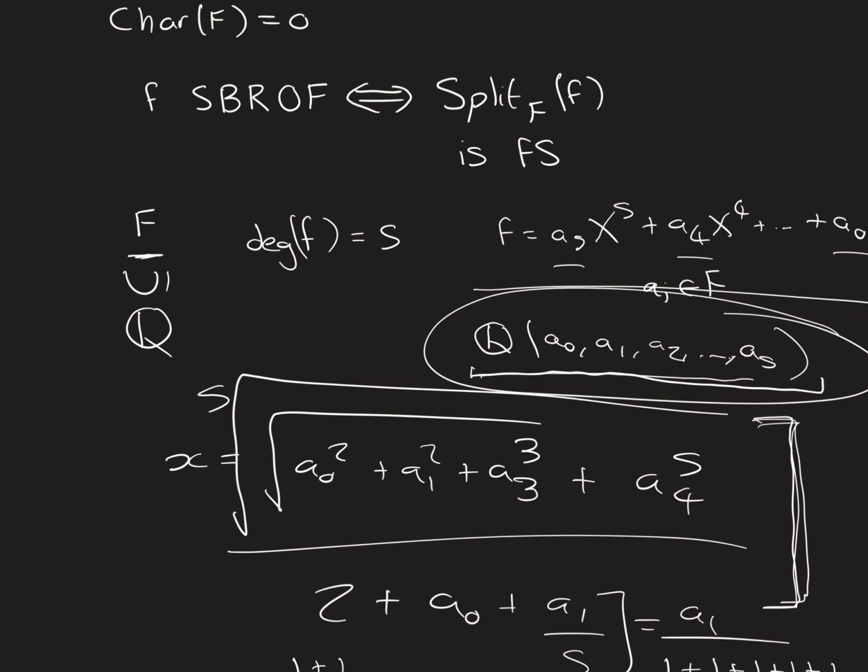So if I can find you a degree 5 polynomial with coefficients in the rationals, then this smallest subfield that contains all the coefficients would be just the rationals.